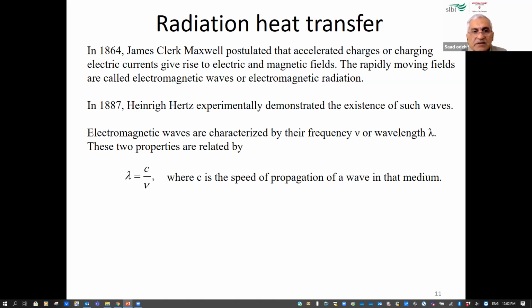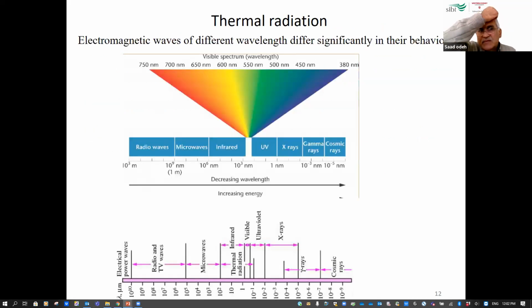Okay. And we mentioned before, maybe we didn't mention this, but just to let you know that electromagnetic waves of different wavelengths differ significantly in their behavior, depending on the wavelength of the radiation.